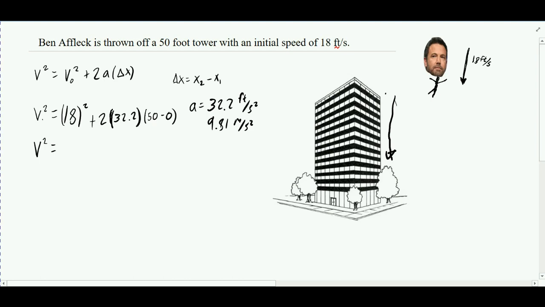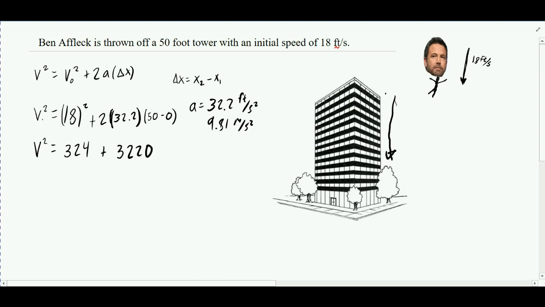equals 18 squared. Oh, I don't have my calculator. 18 squared is 324 plus 2 times 32.2 times 50, which is 3220.